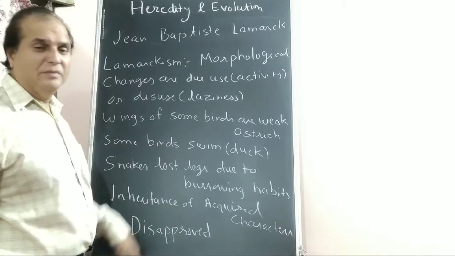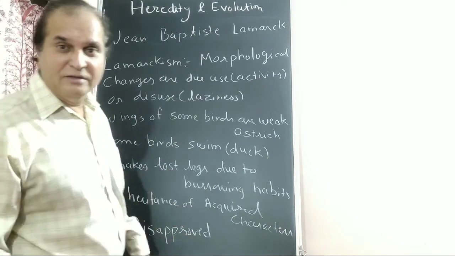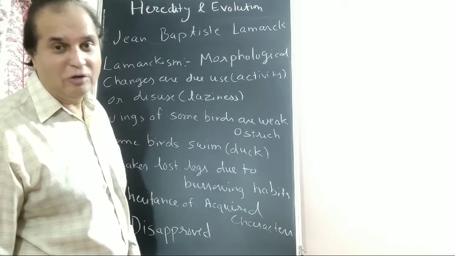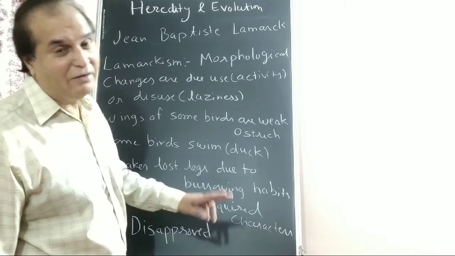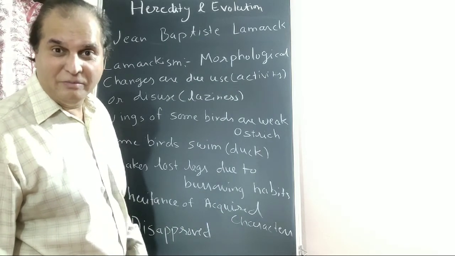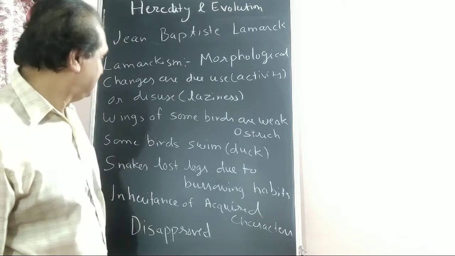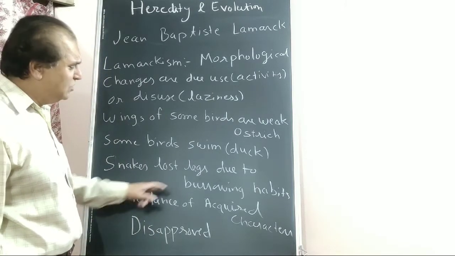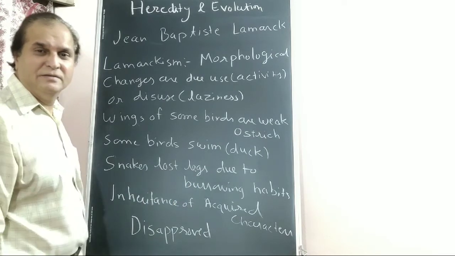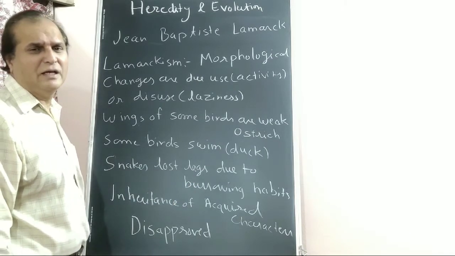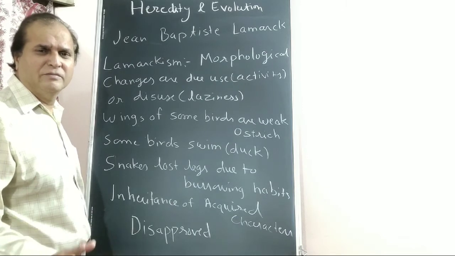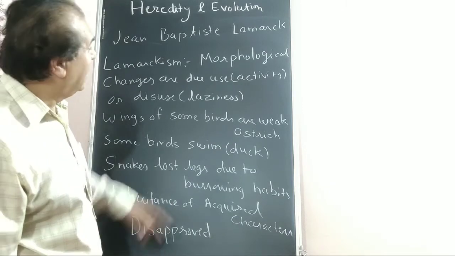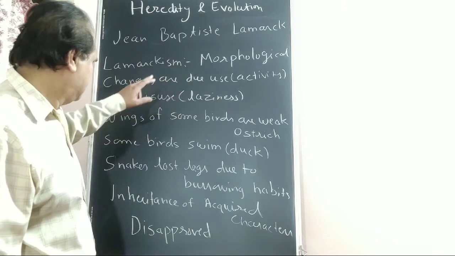Some birds like duck and swan swim in water nicely. They have developed that character, modification. Snakes lost legs. Why? Due to their burrowing habits. So they lost legs slowly.